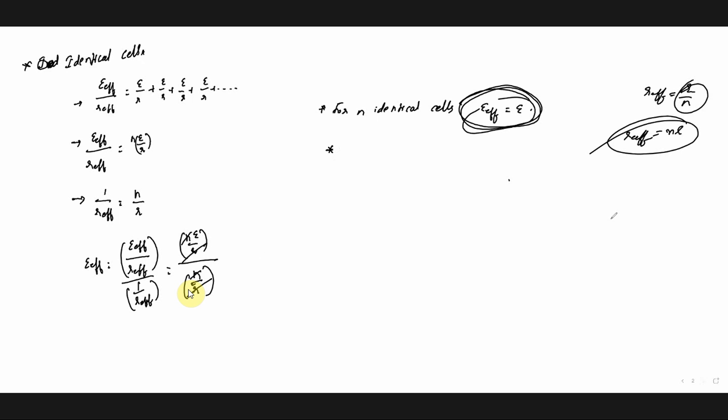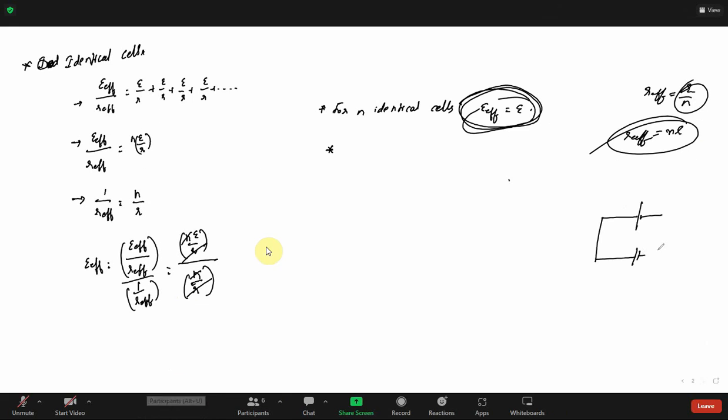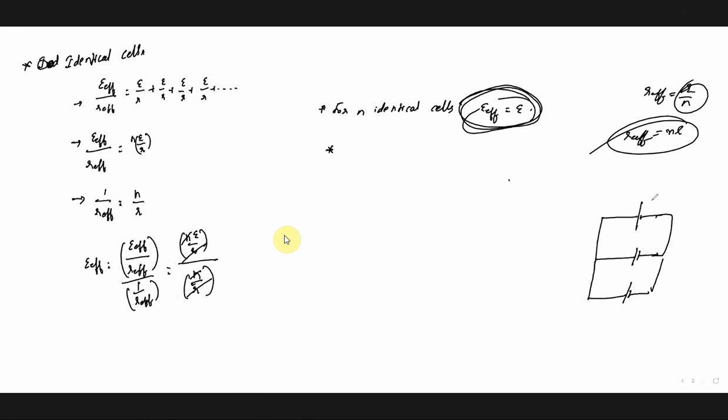Similarly, for example, if I take some cells without internal resistance, I'll take 3 cells, 1 volt, 2 volt, 3 volt, without internal resistance. In the first case, all 3 cells are connected in series. Can you tell me what is the effective EMF?